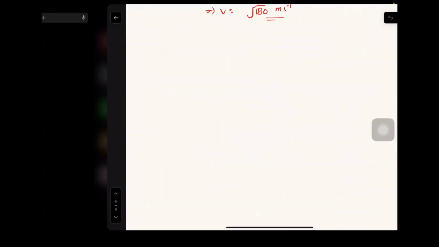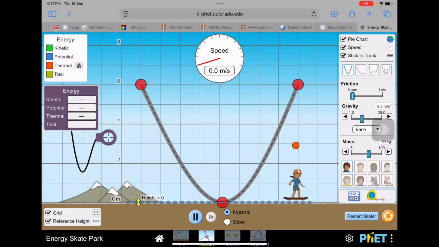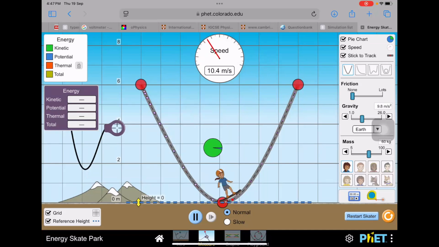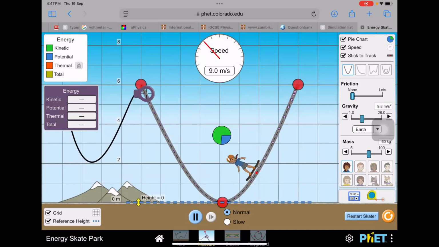We can discuss that using this. Over here, the skateboard guy, if I release him from this point, you can see its energy. If I measure its kinetic energy and potential energy, the law of conservation of energy is applied. At the highest point, its GPE is highest.